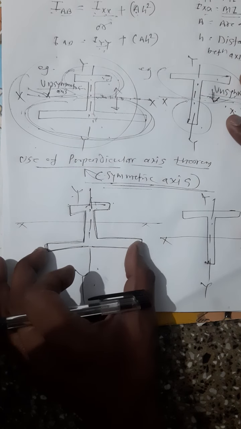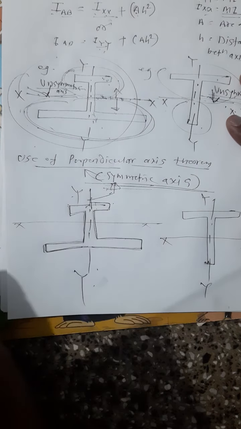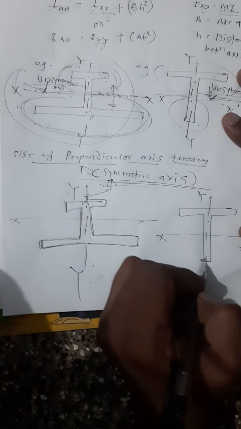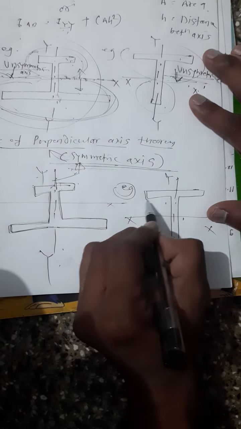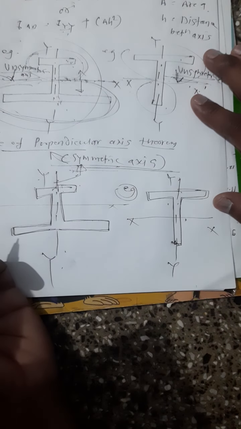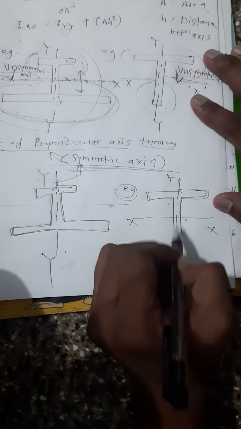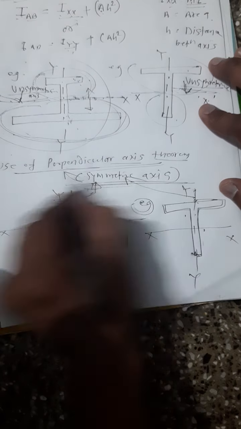That's why this axis is called a symmetric axis. Similarly in the T section, the second example, the left side of the y-axis and the right side have the same shape, same area, same dimension. So whenever we have a symmetric axis in our part, that time you have to use perpendicular axis theorem.